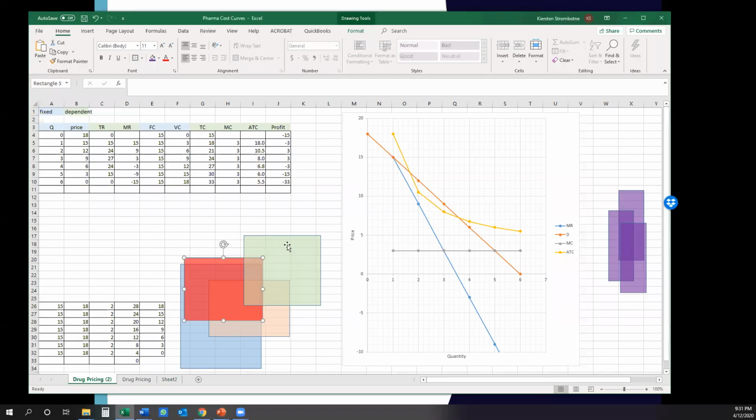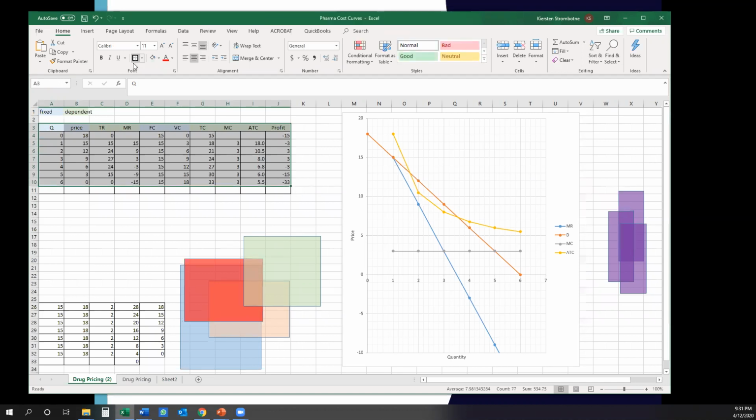Let's pull this up. Okay, so pardon the mess. You guys probably recognize this setup from the earlier part of class, but this is kind of a midterm problem as well. So here we just have a basic table looking at some of the cost and revenue elements for a monopoly firm.